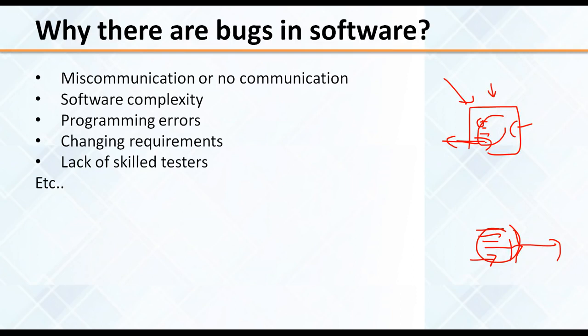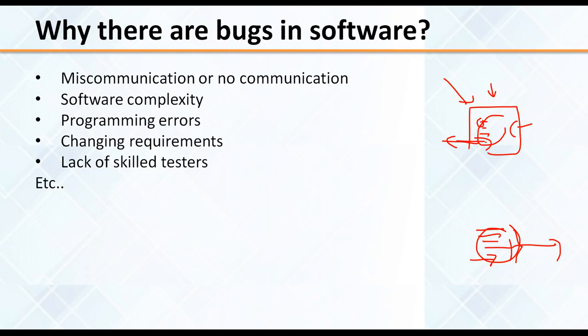And the lack of skilled testers. If testers don't have proper skills, they may miss some issues or not test something, and that will cause defects in the production environment.